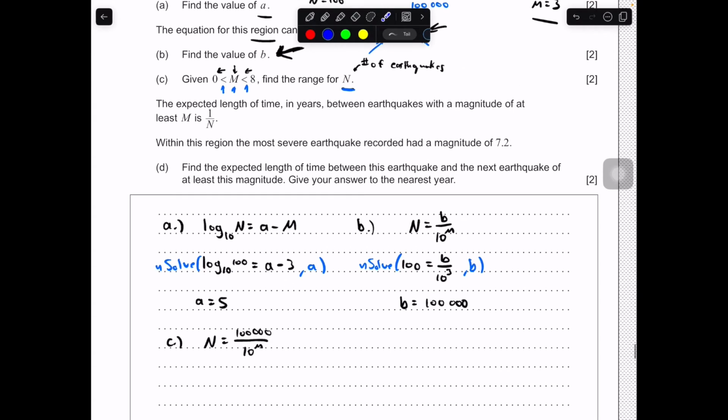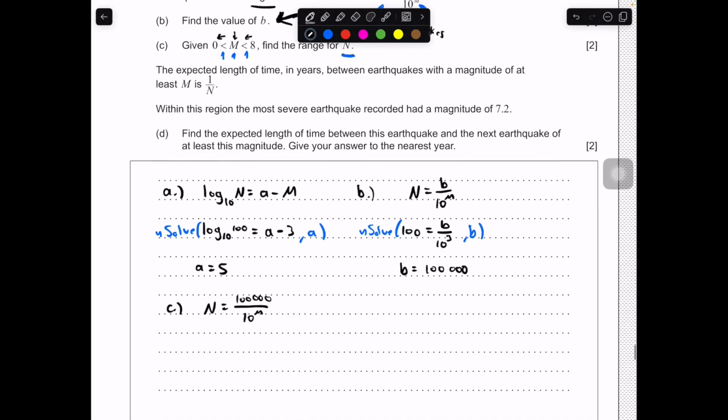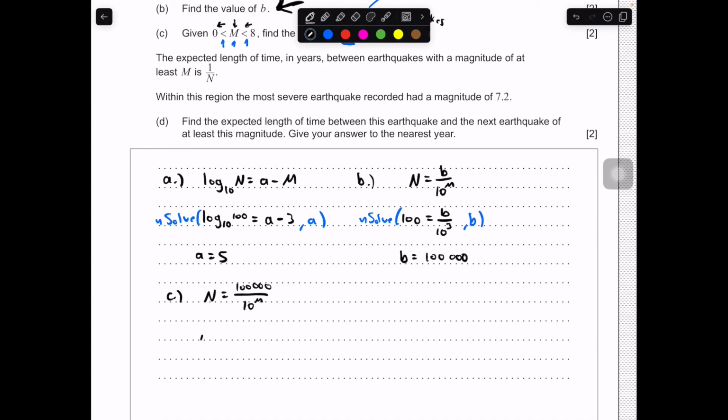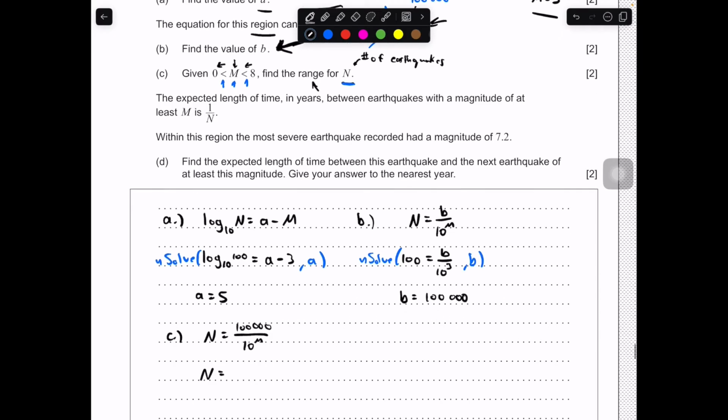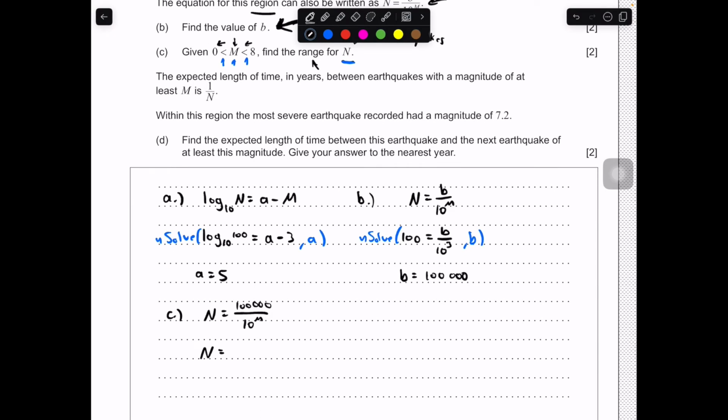So let's find the total range for n. If m is equal to 0, let's find the range of n. We have 100,000 over 10 to the 0. You can put this in your calculator.